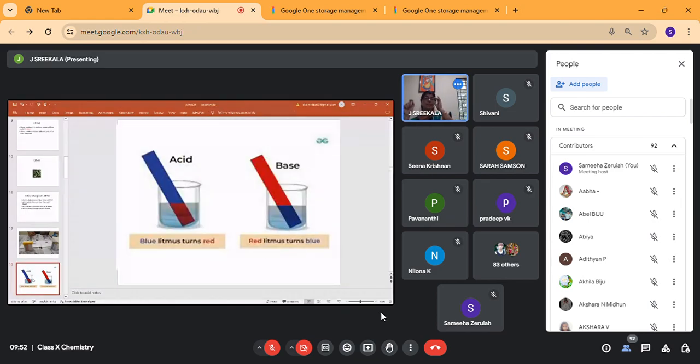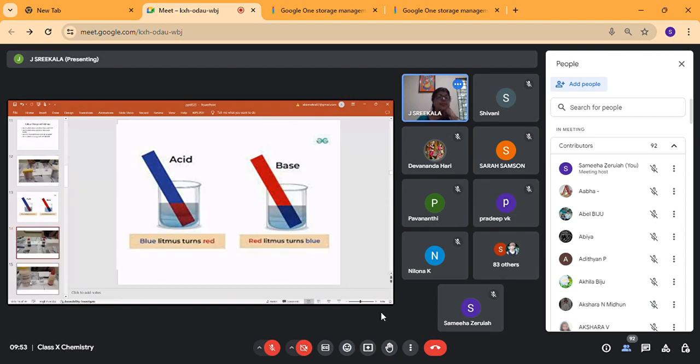So acid changes blue into red, and base changes red to blue. Next, another activity with the litmus solution.